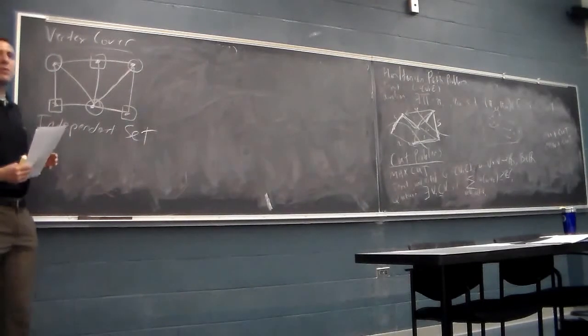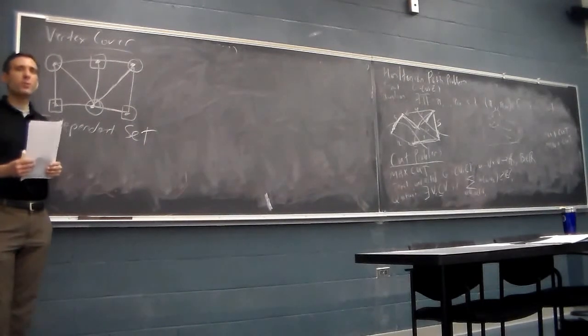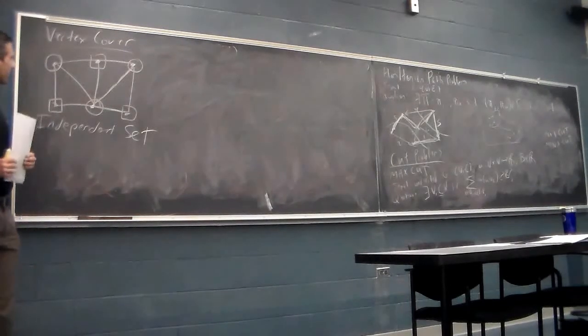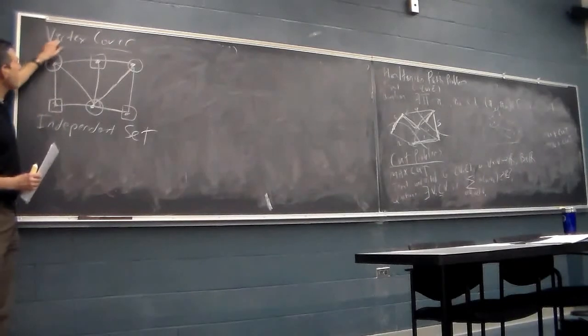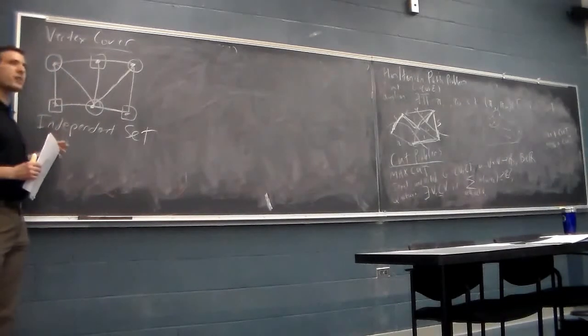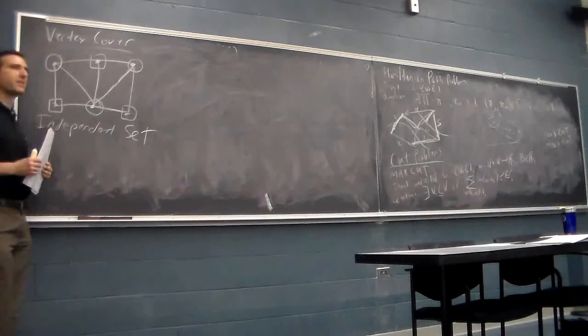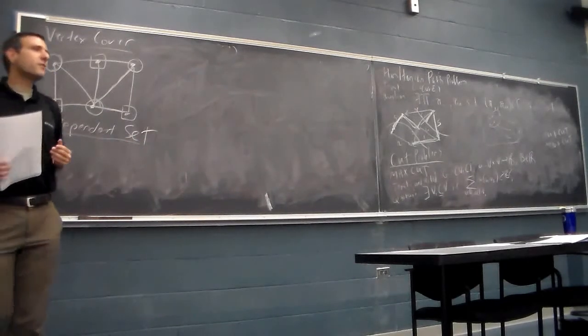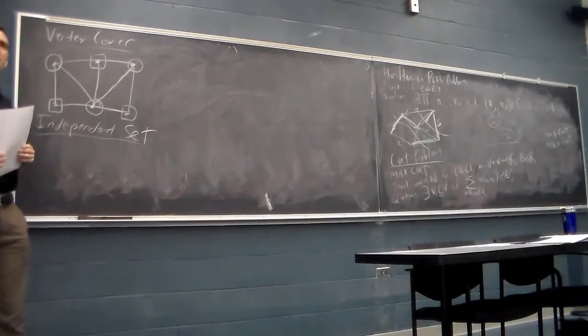So those are really equivalent problems, what are called duals of one another. That might give you a hint that if we're trying to find small vertex covers, then generally what we would try to find are large independent sets. The optimization version of independent set would be to find as large an independent set as you can in a graph, and that is another hard problem.